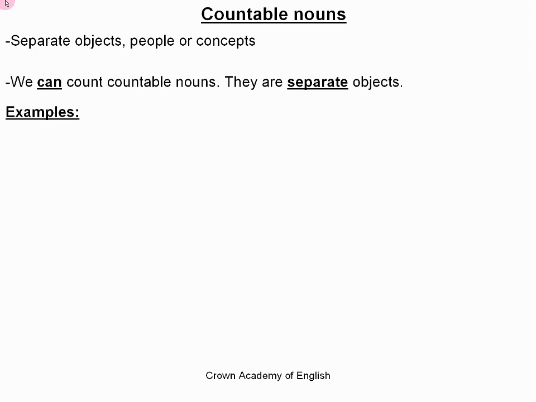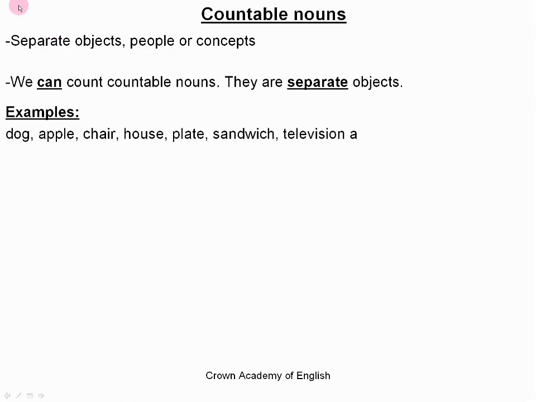Some common examples of countable nouns: dog, apple, chair, house, plate, sandwich, television, and many more. Countable nouns are very easy to identify because they are all separate and individual objects. Okay, so it's quite easy to identify a countable noun.